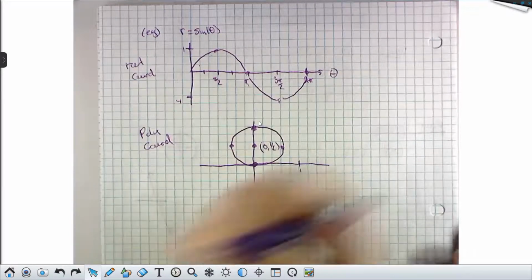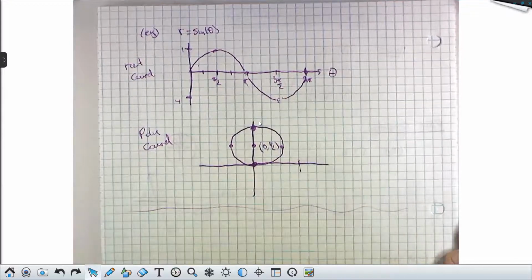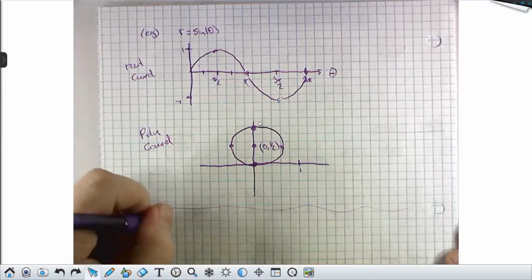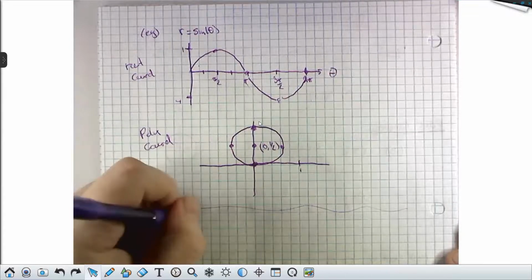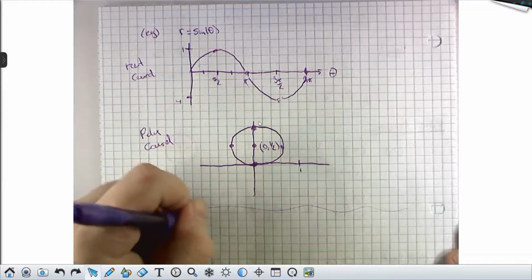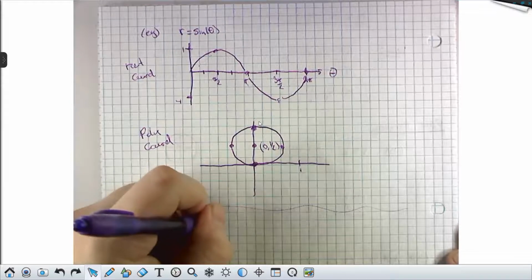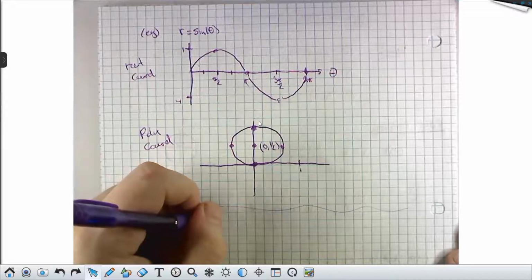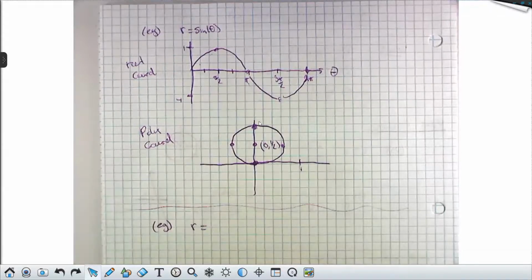All right. I think we need to do something like r equals. Let me grab an example from your book.